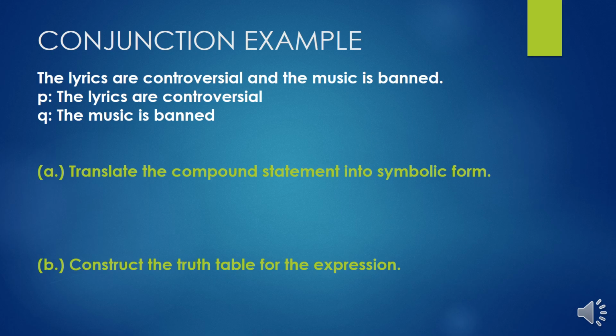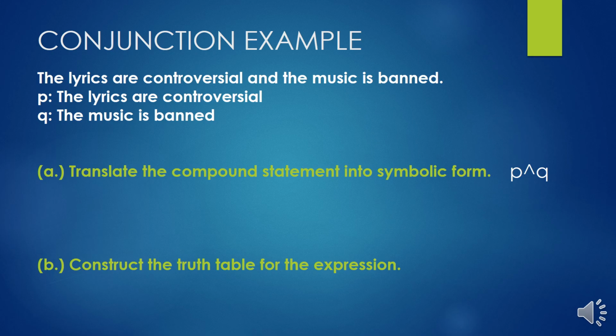The first thing they ask us to do is to translate the compound statement into symbolic form. If you translate that using P and Q, the lyrics are controversial is P, the music is banned is Q. So that would be P and Q.